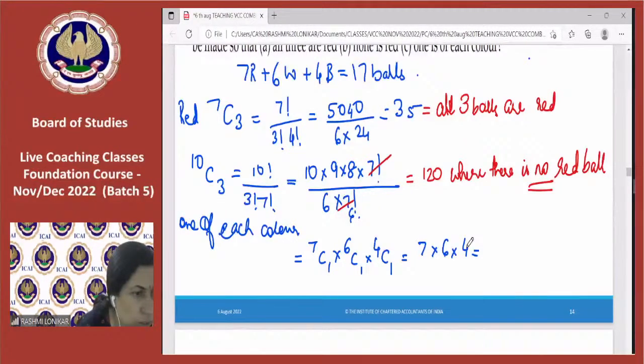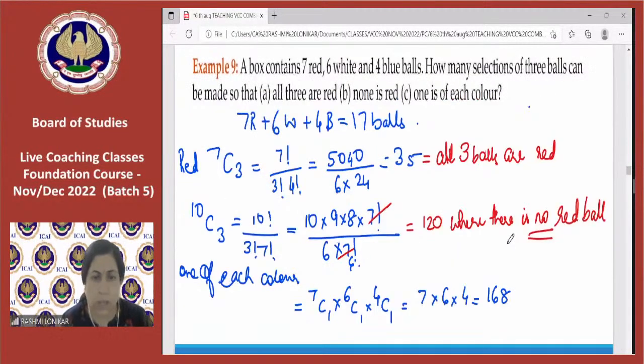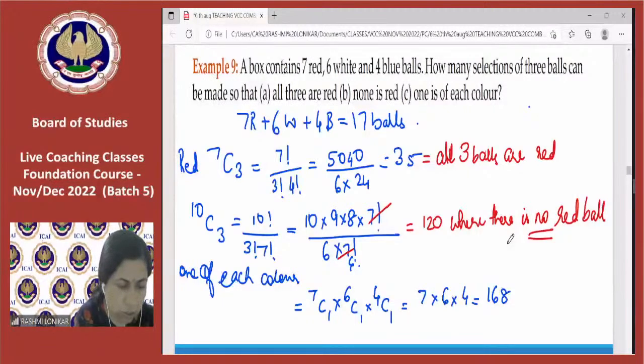Let me check. Yes. So this is 168. Is that clear? So in this sum, we have taken 7 red, 6 white and 4 blue balls. So in that each color ball will be there.